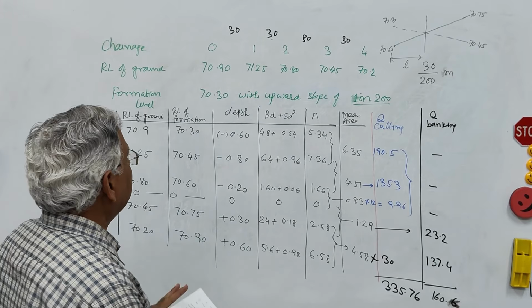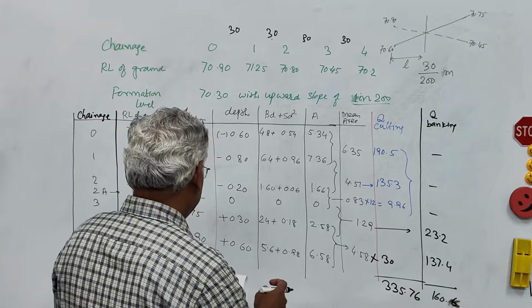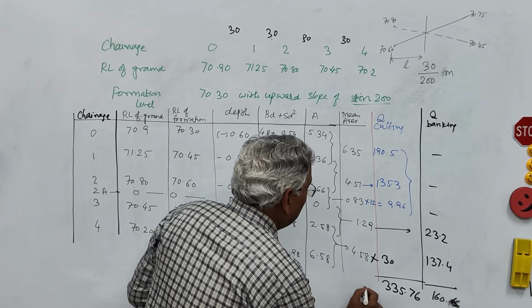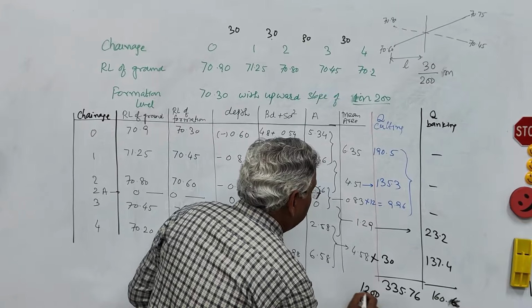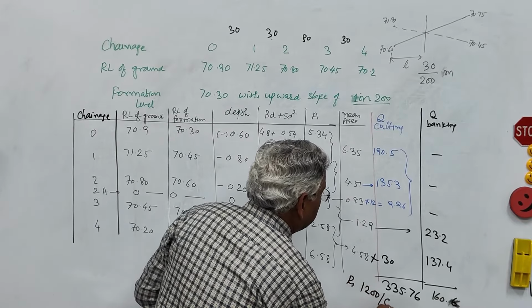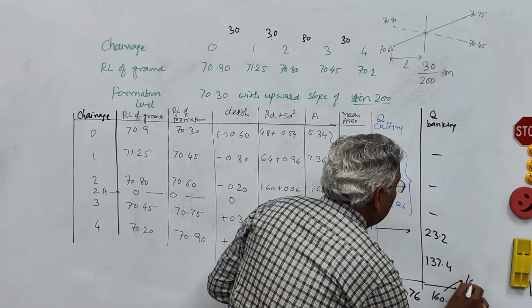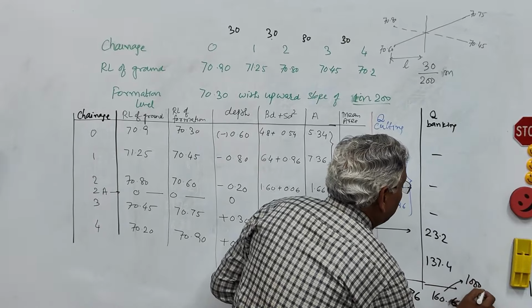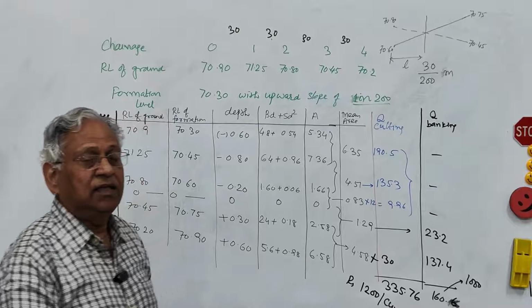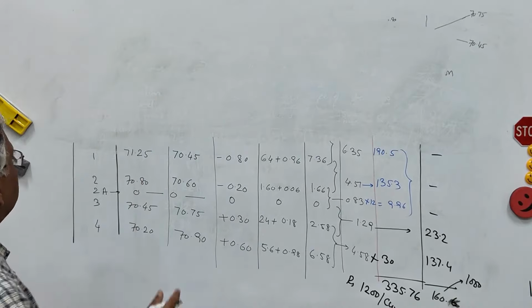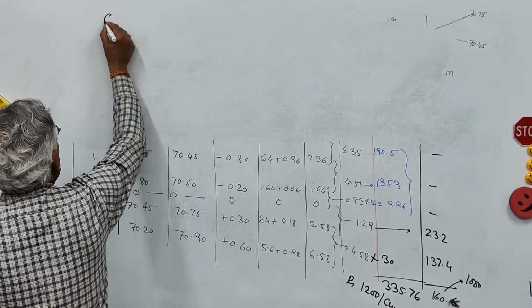Let us say the rate in cutting is 1,200 rupees per cubic meter and the rate in banking is 1,000 rupees per cubic meter. Then you can determine the abstract of cost. You can prepare the abstract of cost.